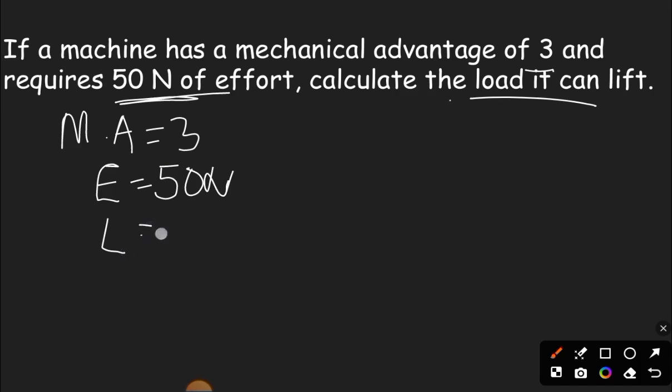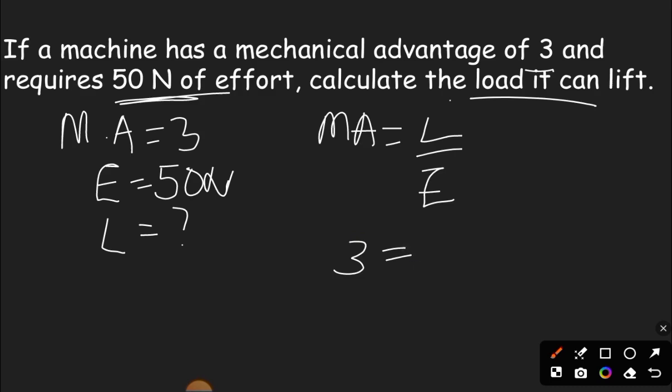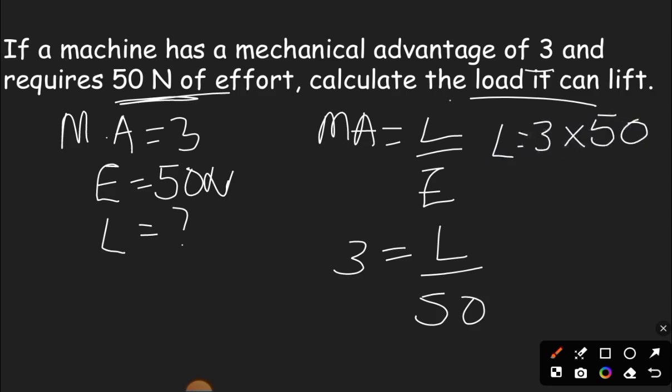What is the load? We know that mechanical advantage equals load over effort. So the mechanical advantage is 3. The load is what we don't know, and the effort is 50. Now with this you can just cross multiply. So you are going to have load equals 3 times 50. So load equals 150 Newton.